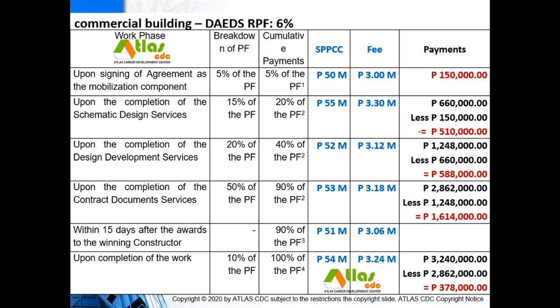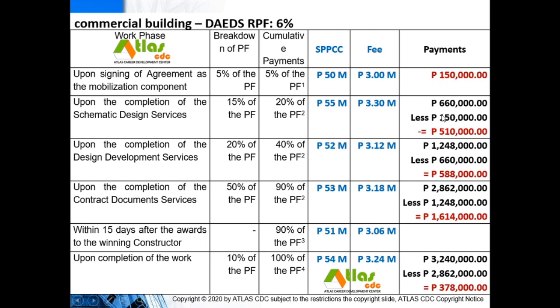If your fee is based on 6% of the project construction cost, then that will be 3 million. So that is your professional fee, 3 million, based on the 50 million statement of probable project construction cost, or SPPCC. Upon signing, your mobilization component of your fee is 5%. So 5% of 3 million will be 150,000 pesos.